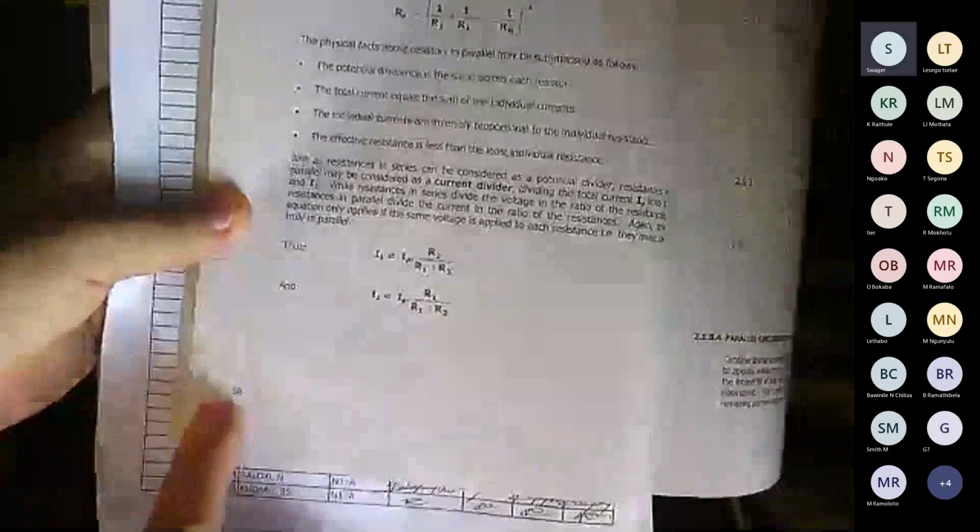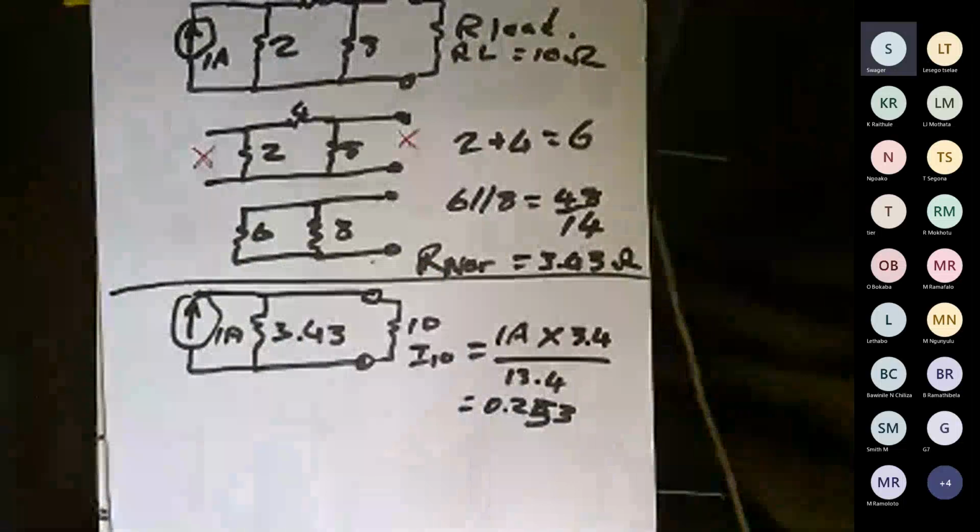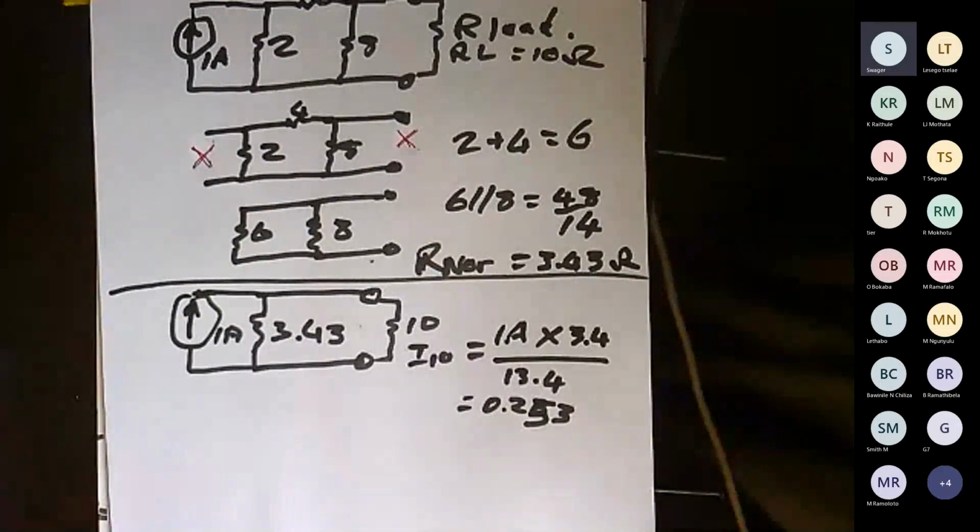Do you still remember the formula on page 68? There's page 68. There's your current divider formula. Do you still remember it? Yes, I see it. Go and revisit this page. You had it for homework 3 weeks ago when I did this. So just go and look at that current divider law, how it works, and there's the formula. So I'm just using that formula. I'm not teaching new information today, just old information.